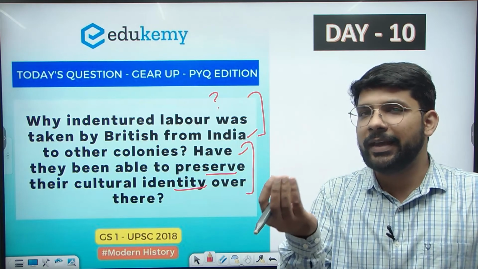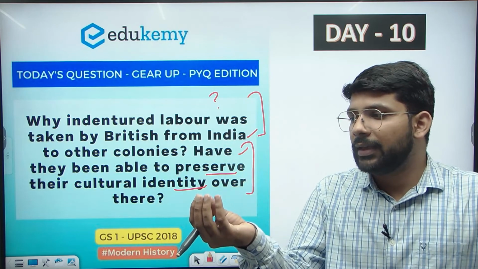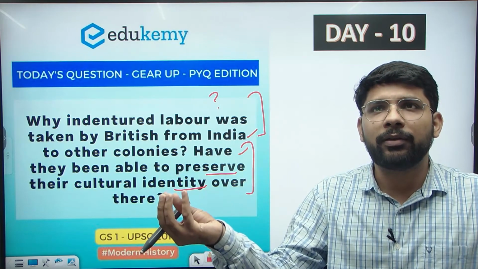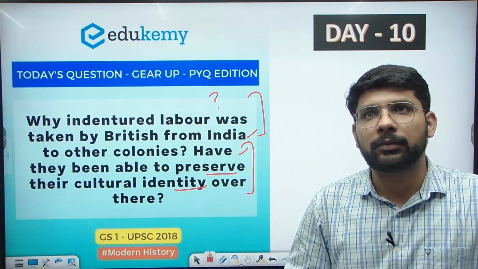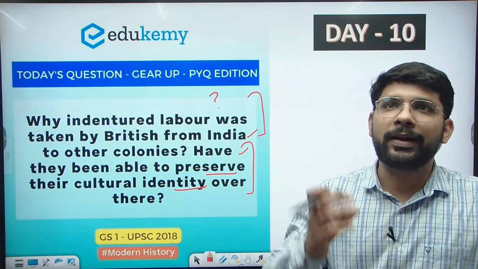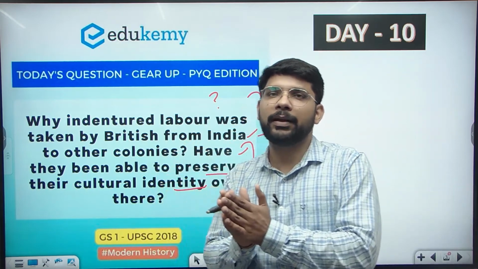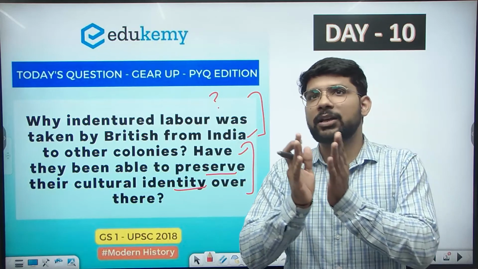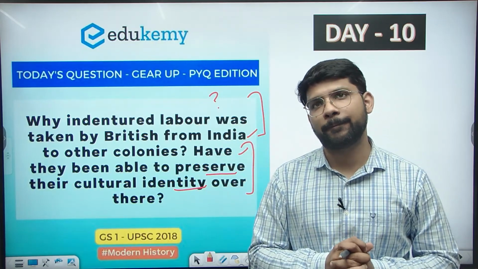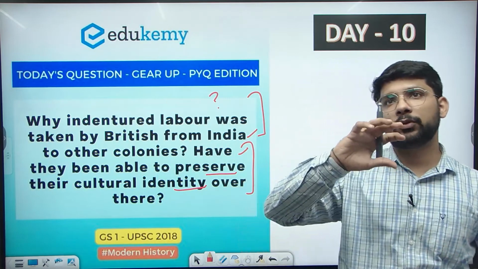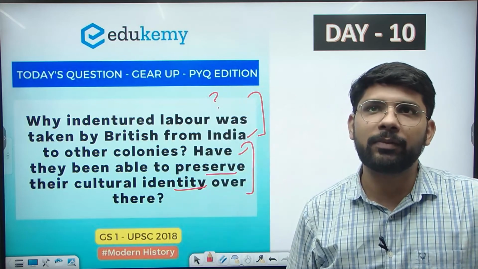Like a person signing a one-month contract to go to Trinidad and Tobago, and he will work for one month there under a particular contract. So indentured laborers signed an agreement with the British government for working in specific conditions in another country where the British were sending them. The concept of indentured labor started after the abolition of slavery by the British.